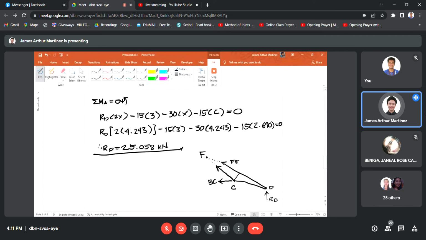Diba? So, if mag-moment ang point F, ma-eliminate no? Si numbers FE and FC. So, si BC na lang din ang ato ang unknown variable no sa ato ang equation.